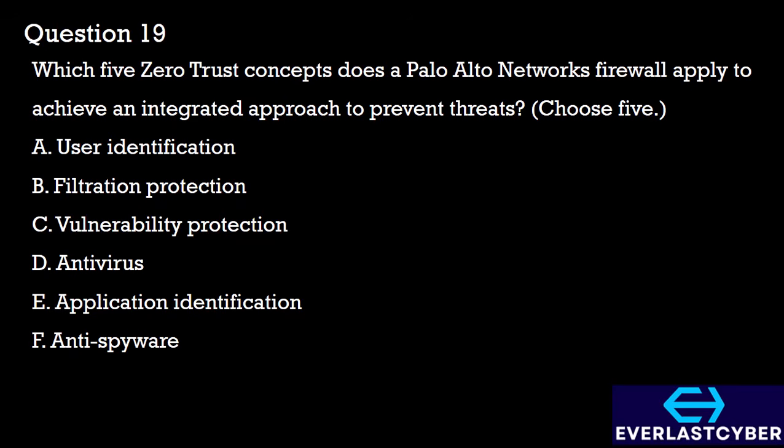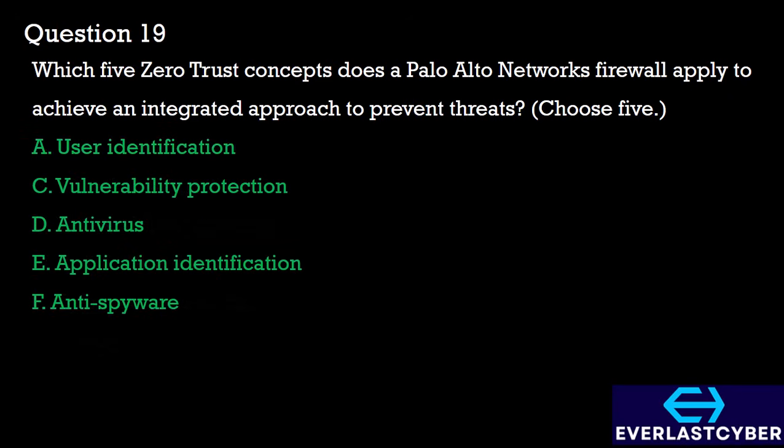F. Anti-spyware. The correct answers here are options A, C, D, E, and F, and I'll just go through each one of them. Palo Alto Networks firewall applies Zero Trust principles by implementing multiple security mechanisms in order to identify, inspect, and block potential threats. So, the following 5 concepts align with the Zero Trust model.